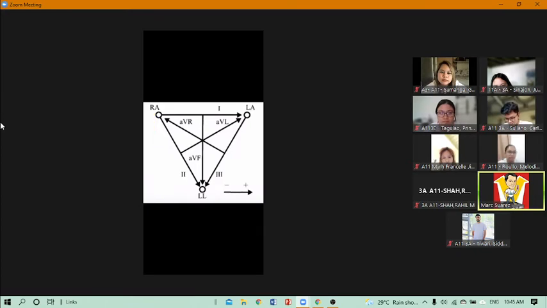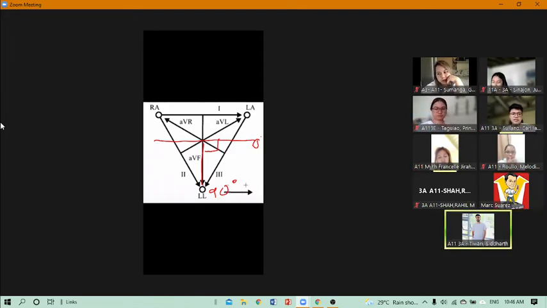Another important aspect of this one is position. If this is 0 degrees, this will be 90 degrees.